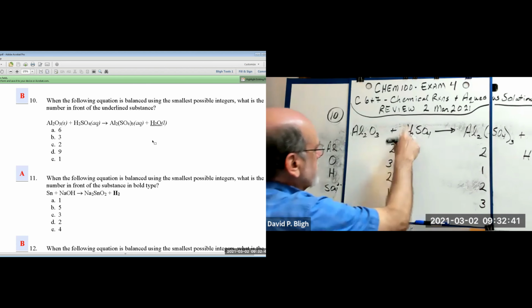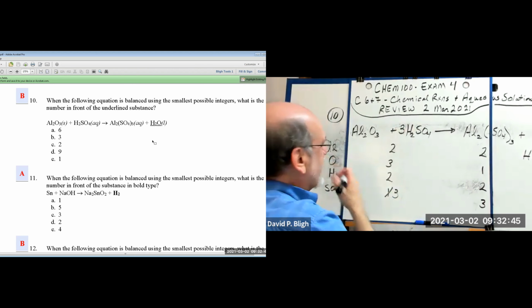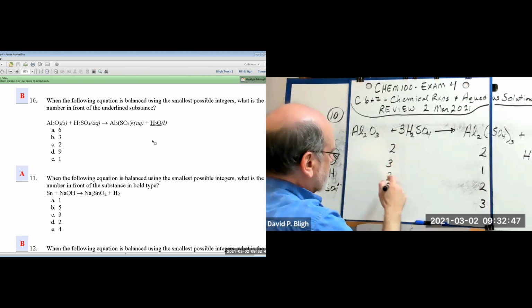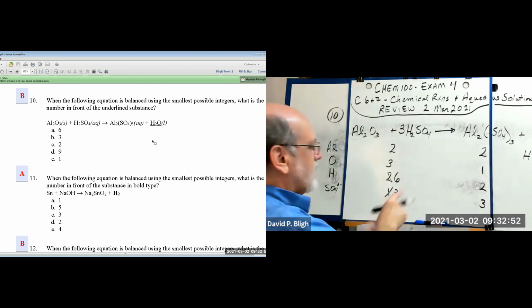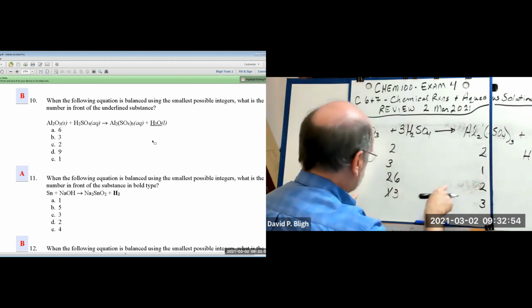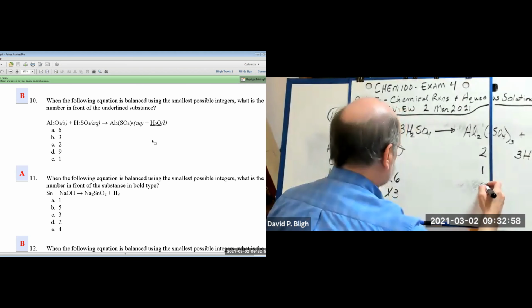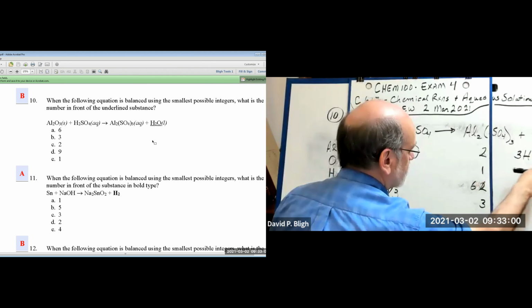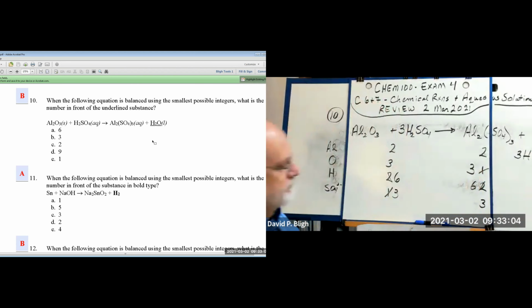So we need 3 sulfates over here. And that changes the number of hydrogens to 6. Okay? Now we can go over here and say we need 6 hydrogens. So that makes 6 hydrogens. It also makes 3 oxygens. Okay?